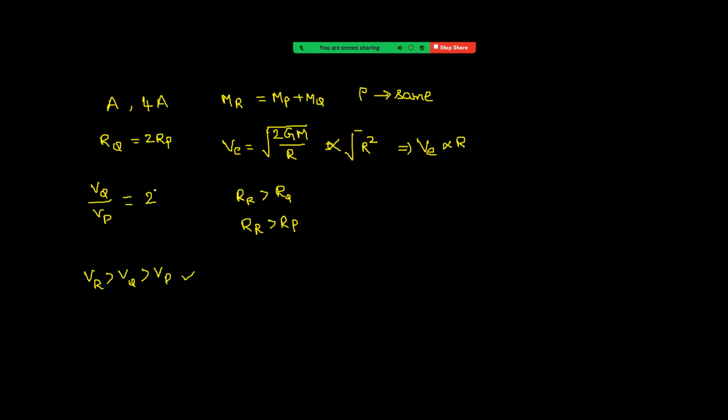This we can say directly. And next we got the condition that Vp by Vq is 1 by 2, or Vq by Vp is 2. Right? This also we can say directly.